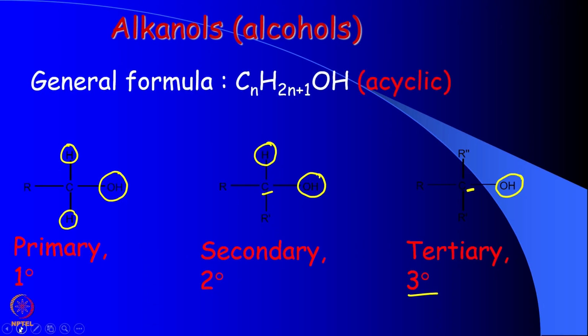So, it has a general formula of CnH2n+1 OH. So, 3 classes of alcohols that we can think of: primary, secondary and tertiary.